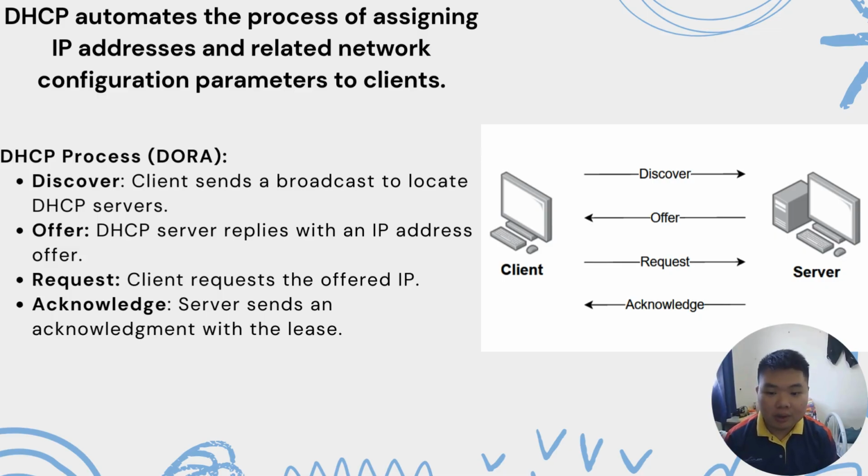Discover: the client sends a broadcast to locate a DHCP server. Offer: the DHCP server replies with an IP address. Request: the client requests the offered IP. Acknowledge: the server sends an acknowledgement with the lease. And this is the process of how DHCP works.